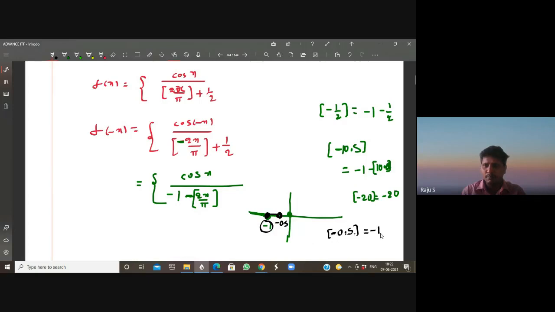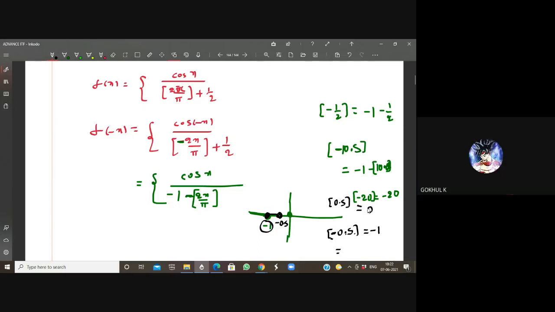Okay, minus 1, right? If I want to take this minus outside and write it in terms of 0.5, what is the greatest integer of 0.5? Zero.